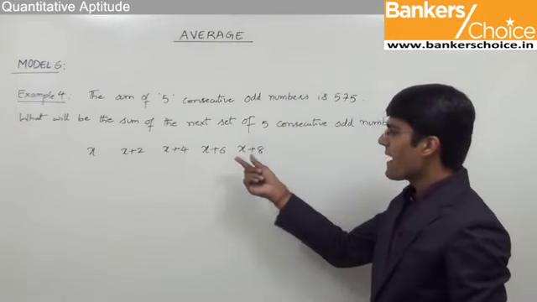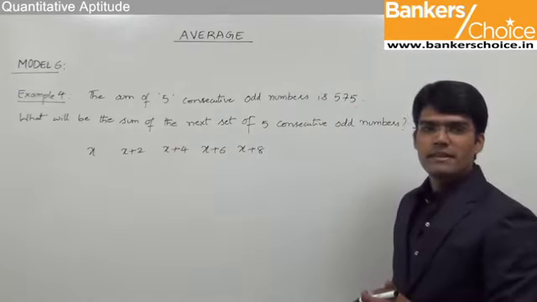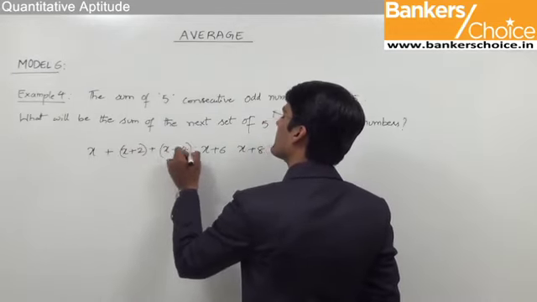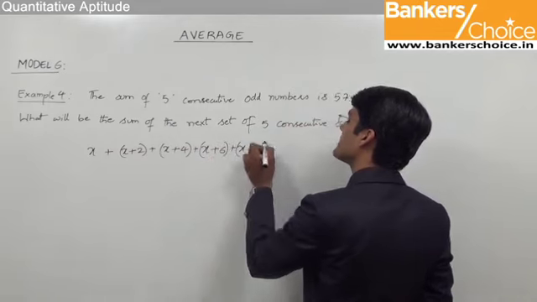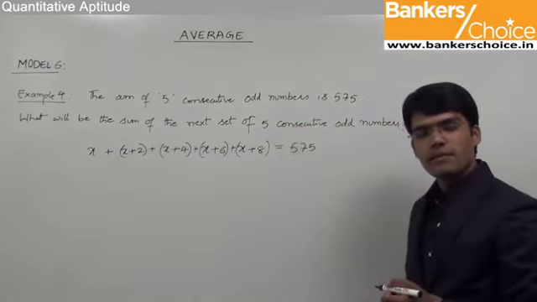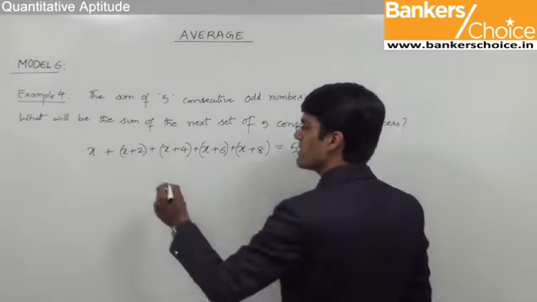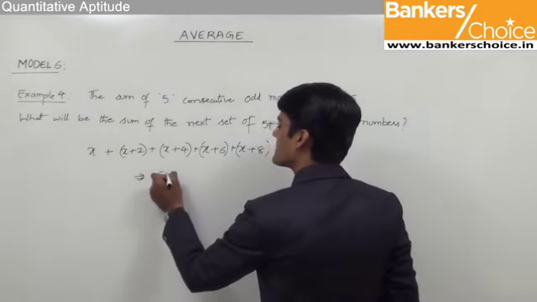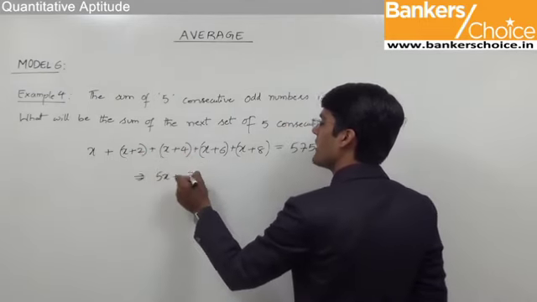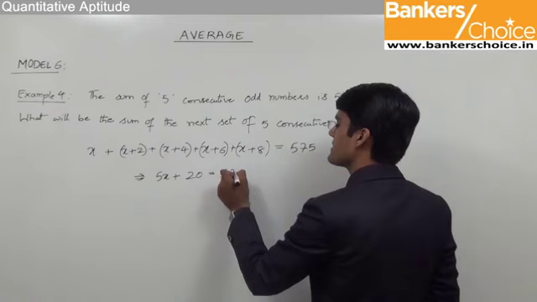And the sum of these 5 numbers is given as 575. So we can say that x plus x plus 2 plus x plus 4 plus x plus 6 plus x plus 8 is equal to 575. Now by solving this equation we get 5x plus 2 plus 4 is 6, plus 6 is 12, plus 8 is 20, which should be equal to 575.